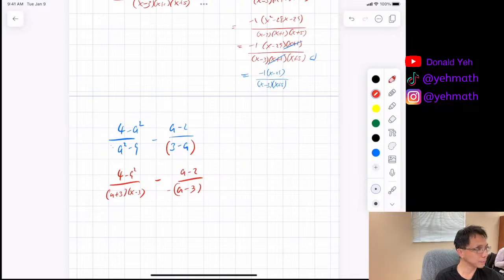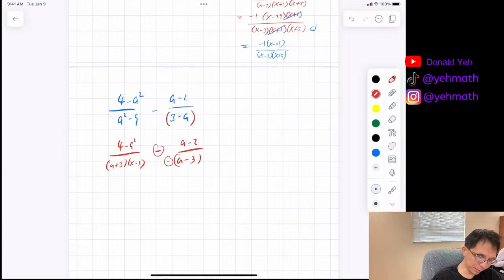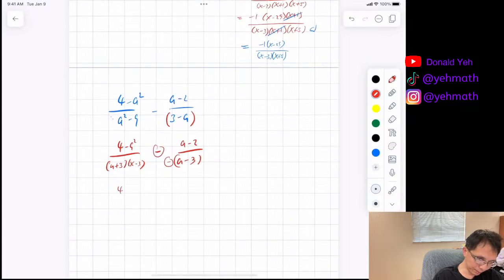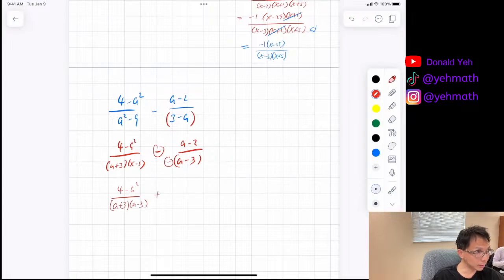Do you see what I'm saying? These two signs can merge and become positive. So 4 minus a squared over a plus 3 times a minus 3, plus a minus 2 over a minus 3. Is that okay? Because that sign can merge to a positive sign.